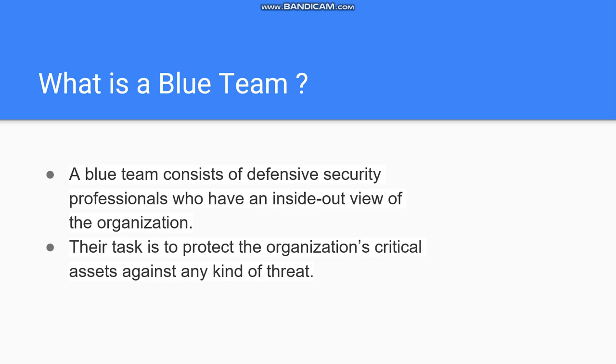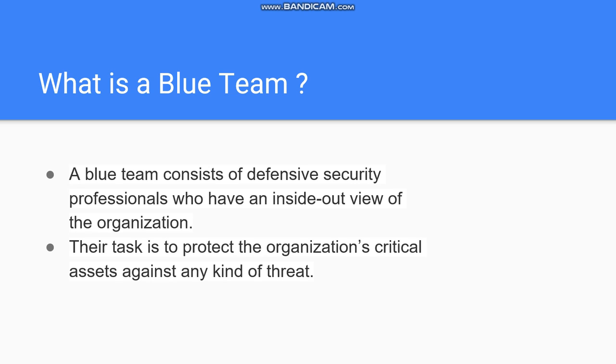So now let's move to the blue team. What is a blue team? A blue team consists of defensive security professionals who have an inside-out view of the organization. As I said before, the blue team is basically defensive in nature.